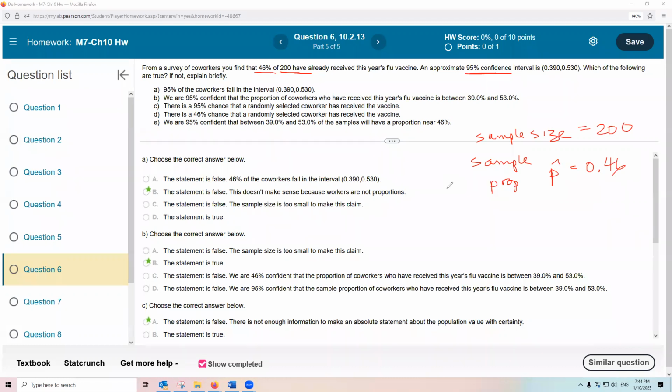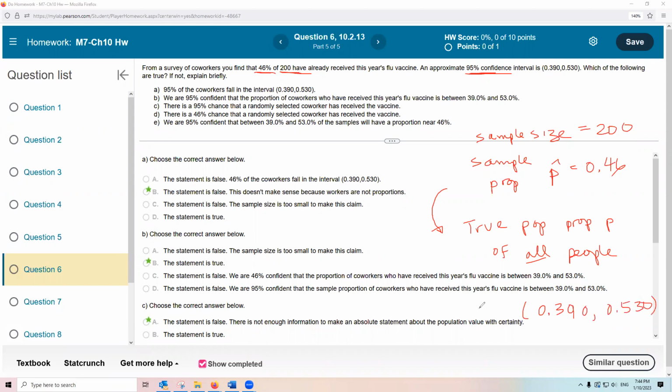Well, I want to come up with an estimate, or a confidence interval, for the true population proportion p. This is for all people, let's say all people in the United States who have gotten the flu vaccine. And what they're telling me is this is 0.39 to 0.53.